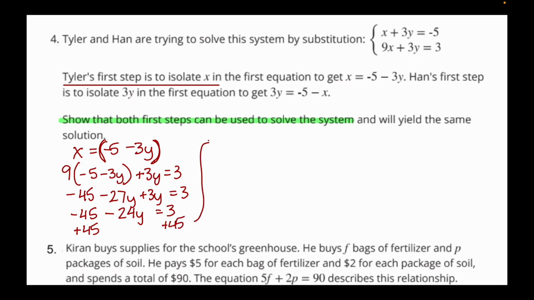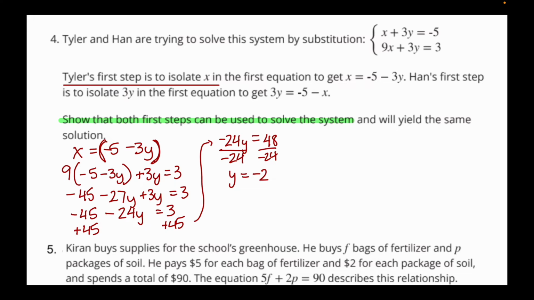I'm going to bring my work back over, and we'll show negative 24y equals 48. So when you divide both sides by negative 24, we're going to get here that y is equal to negative 2.